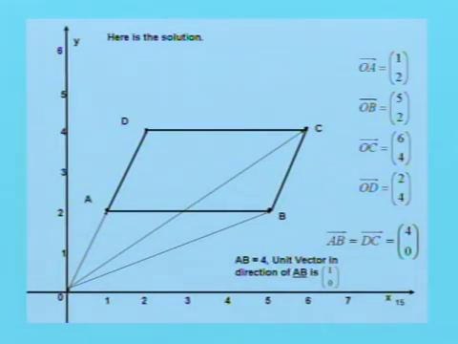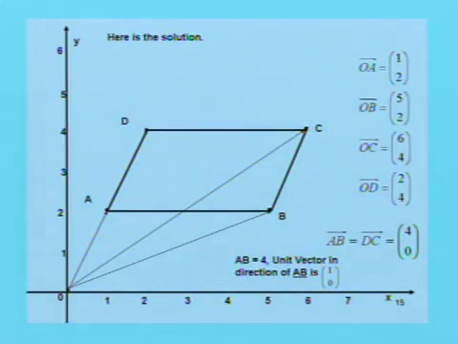Vector OA is written as a column vector (1, 2). Vector OB as a column vector (5, 2). If you look carefully at the diagram, you will see where A is, that's OA. So to reach A, we go 1 place to the right and 2 places up.